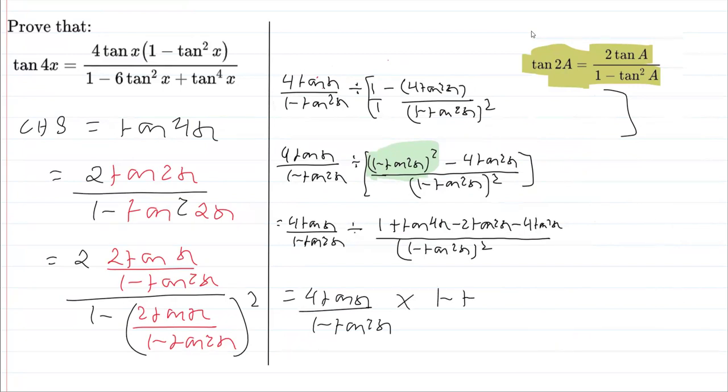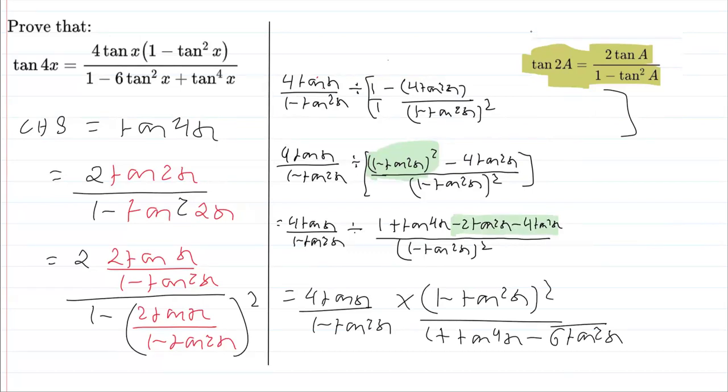So I can write the denominator as the numerator now. And the numerator has some like terms. You can see this is minus 2 times tan square x minus 4 times tan square x. So that will be minus 6 times tan square x. But first we'll be writing 1 plus tan raised to the power 4 x, and then minus 6 times tan square x.